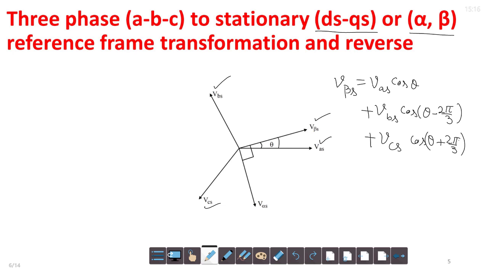That way we get V beta S by resolving the components of the 3 phase voltages along the beta S axis. Similarly, we can get V alpha S also.